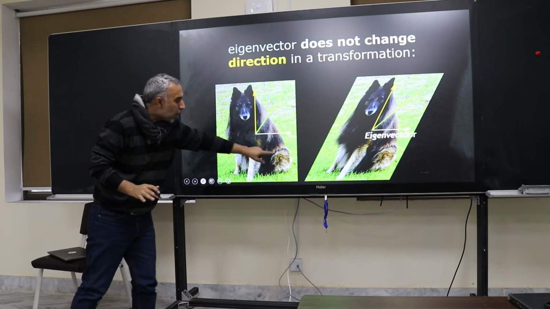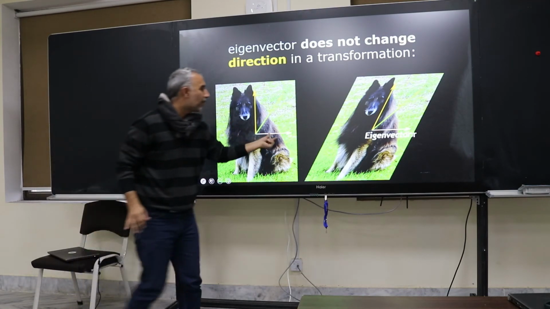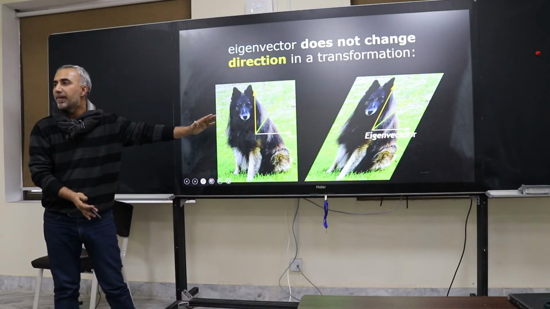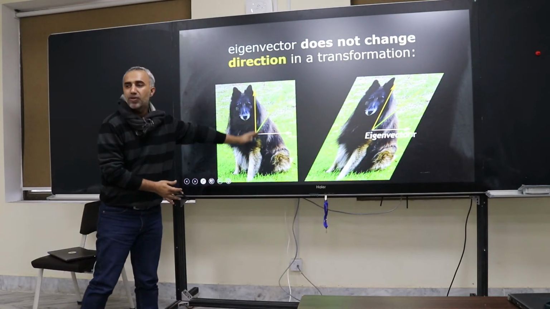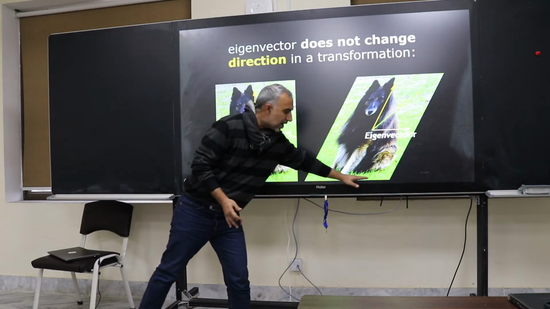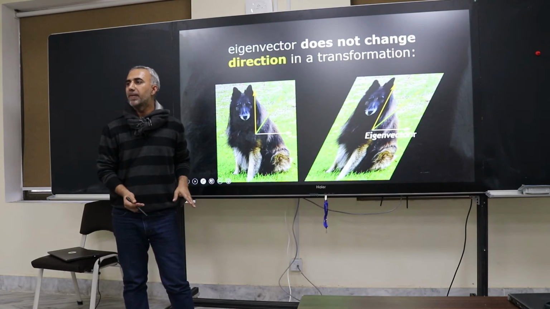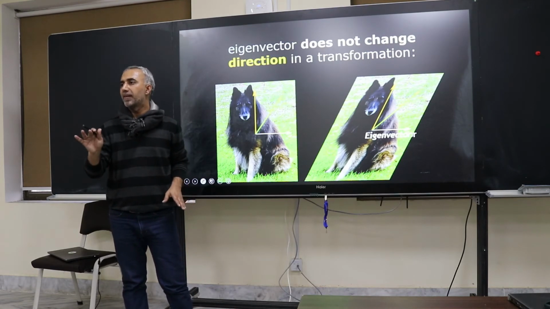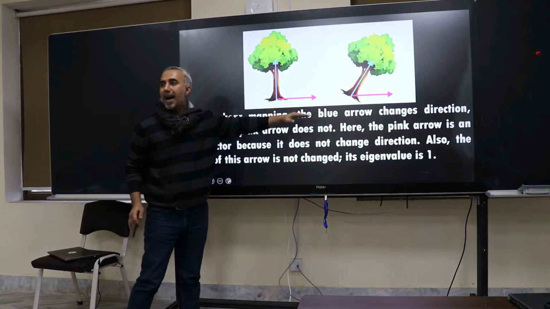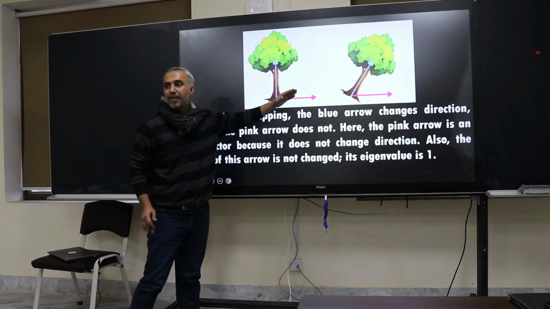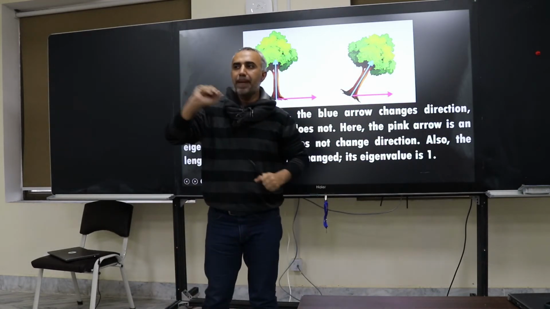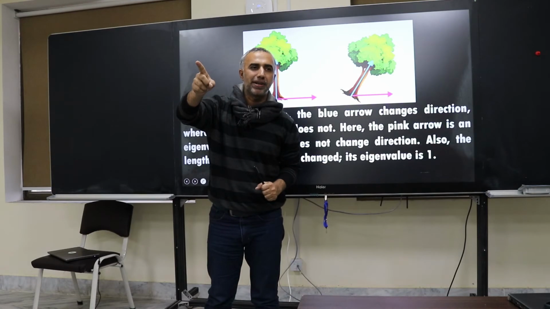For example, your horizontal axis here, in white, is the eigenvector. You are transforming this image, the upper body is transforming, but your horizontal axis is not changing. That is the characteristic. Moreover, the purple one is the eigenvector, the blue is changing. Please, I am begging your kind attention.